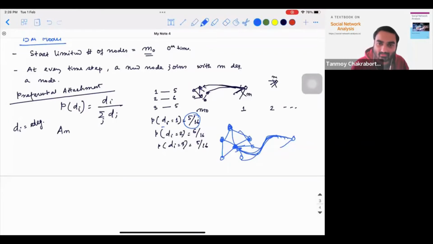So it is not the case that a node with high degree will always attract edges. Of course, it has a higher probability of attracting edges, but other nodes will also get a chance, because ultimately the process is a probability. It's a biased coin toss. Please understand, this is not a deterministic process. It's a probabilistic process.